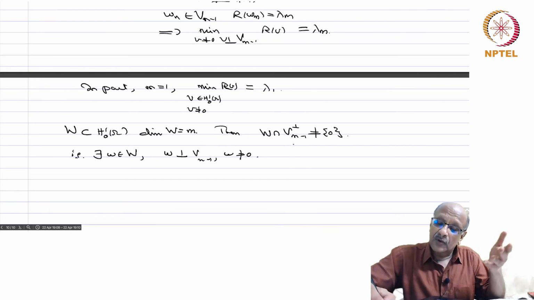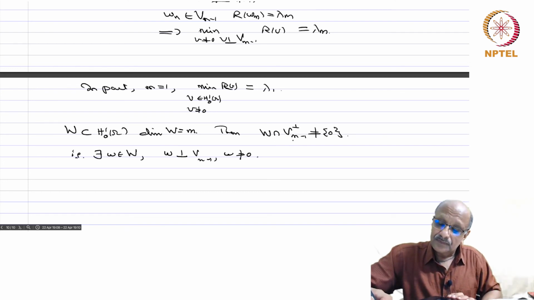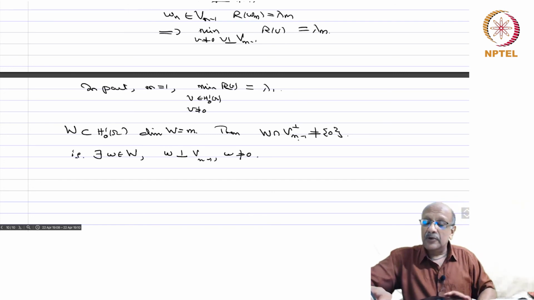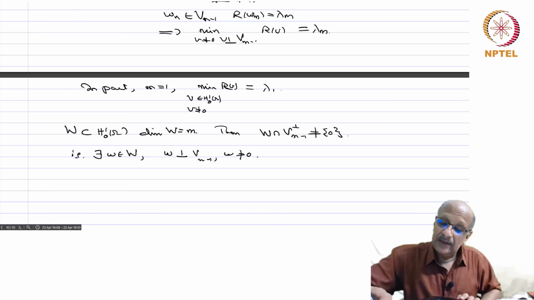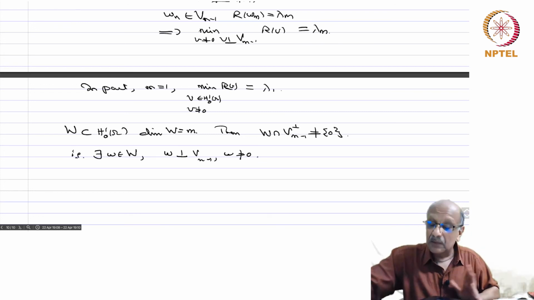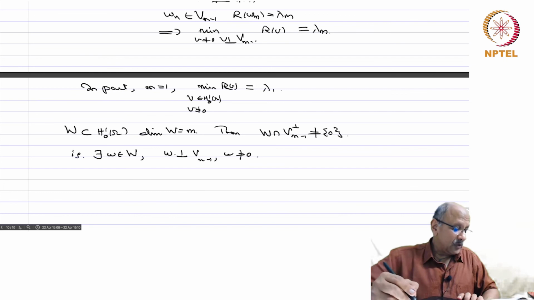Otherwise, you can also do a purely dimension argument directly. W is m dimensional, Vm minus 1 perp must therefore have dimension greater or equal to 1 even if this whole space is inside W, which it will not be, it is not necessary. So, even if the whole space is inside W, its dimension must be at least 1. So, therefore, you have definitely some vectors here.